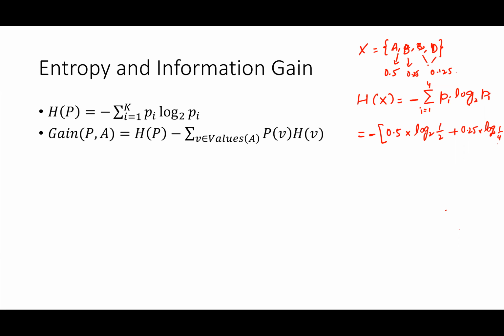Fine, because 0.25 is equal to 1 by 4. And then 0.125 times log to the base 2 of, 0.125 is how much? I think it is 1 by 8. Fine, yes, and then plus 0.125 log to the base 2 of 1 over 8.